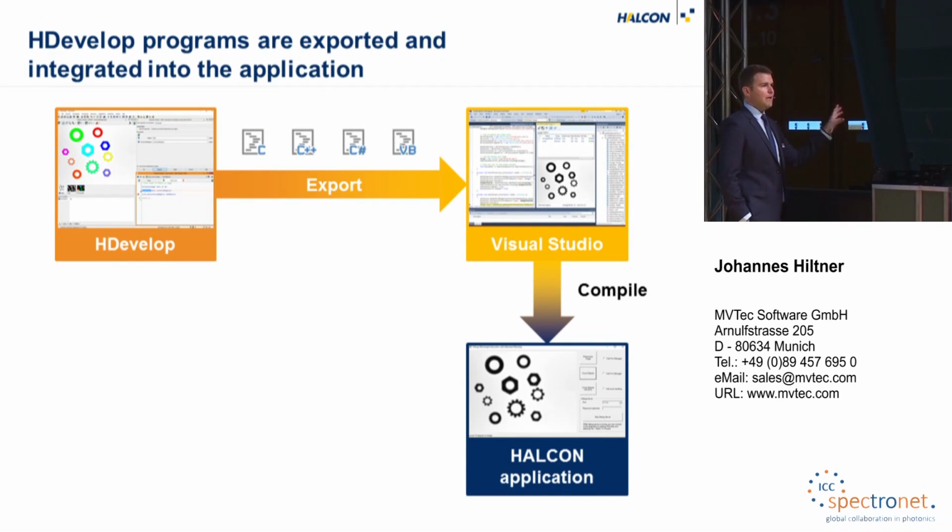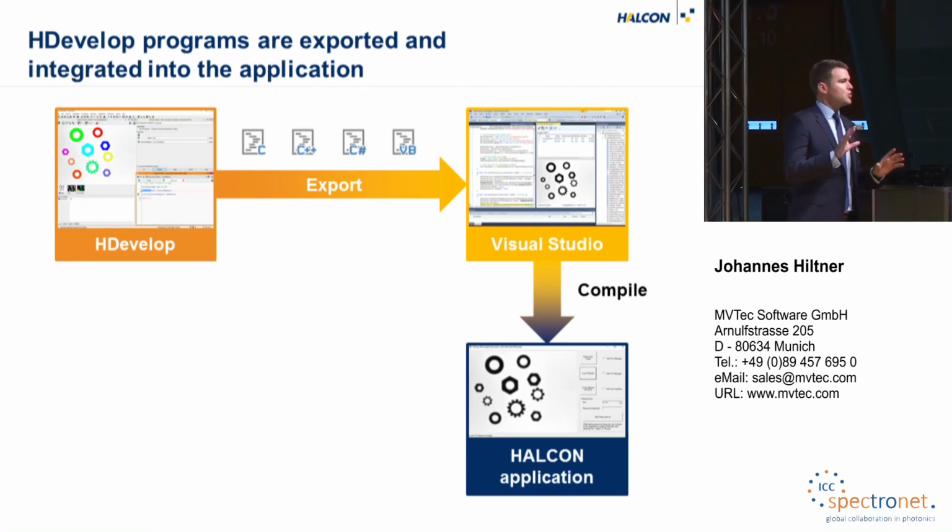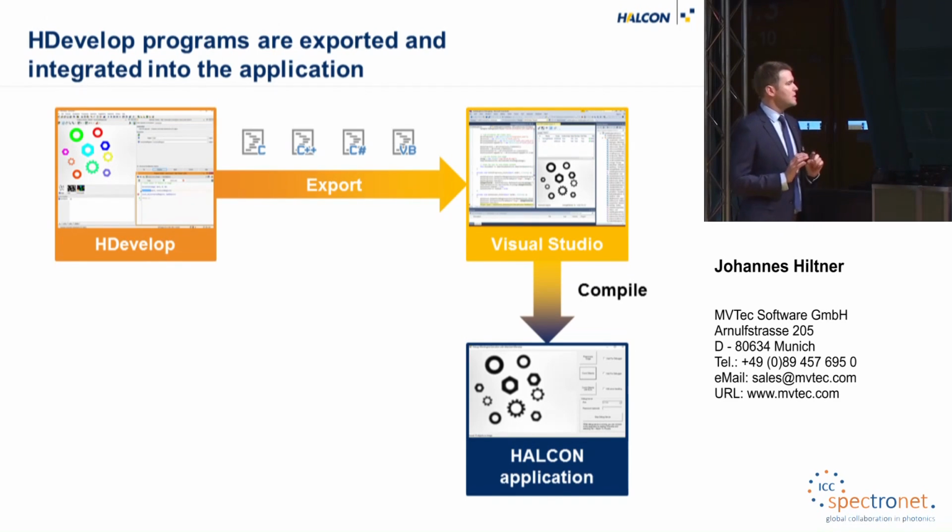On the top left, there's HDevelop. HDevelop is our integrated development environment, which allows our customers to do rapid prototyping, trying out different approaches, combining different approaches. After solving the machine vision part within HDevelop, most of our customers use the code export function. There's a magic button within HDevelop.